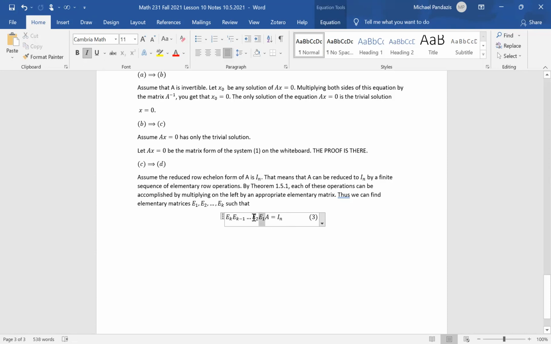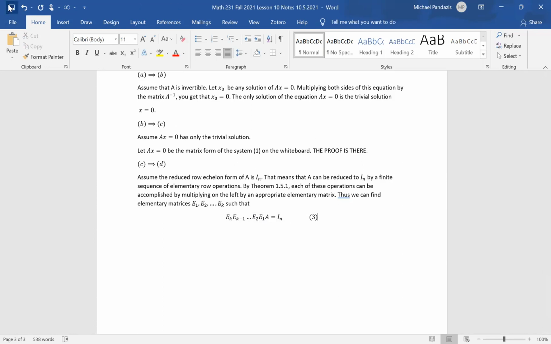So instead of performing finitely many elementary row operations, say k many, I left multiply by k appropriate elementary matrices. Instead of doing the first row operation, I left multiply by E1. Instead of doing the second after the first, I left multiply by E2 after left multiplying by E1. I continue until I left multiply by E sub k at the end. The effect of this product is that I get to the identity matrix.